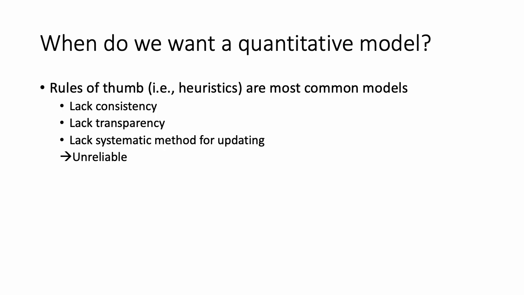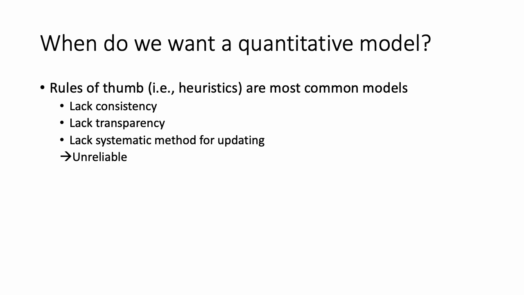It's in our head. We often don't even know why we're doing some of the things we do. Of course, they don't have a systematic method for updating. It could be anecdotal, it could be the last experience. If the model we used was wrong, we don't really have a systematic way to update it to be right more often, or certainly not consistently. So, on the whole, these are generally more unreliable.